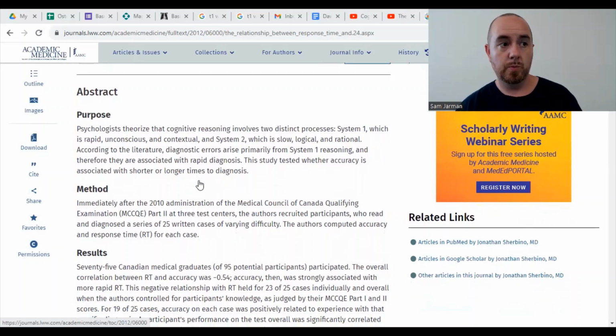So an important thing here is that they took the basic prediction of system one being a faster output, right? And they said they wanted to relate that to actual diagnostic accuracy. So they provided a diagnostic task and they just measured time to output and then related time to output and accuracy.